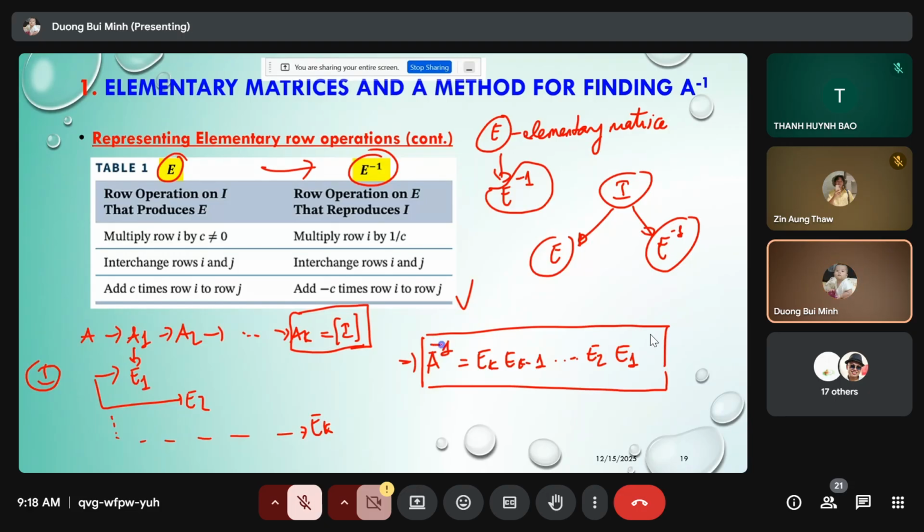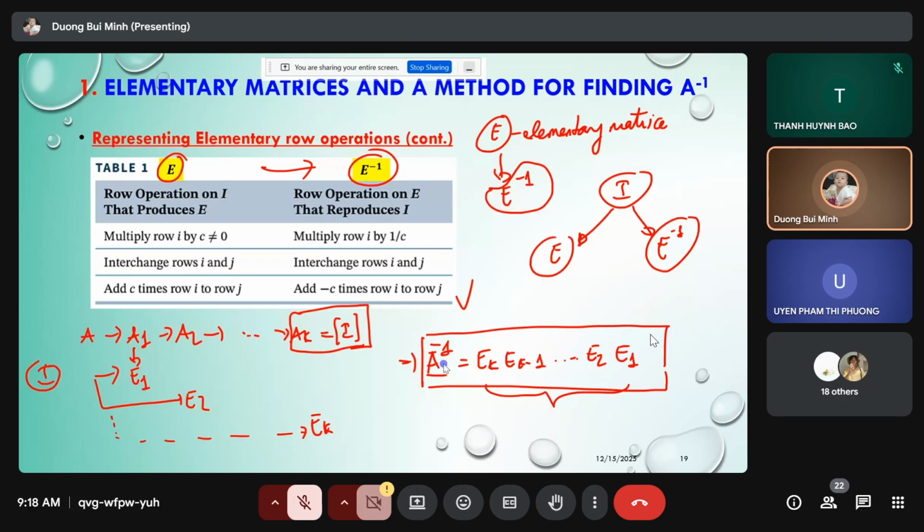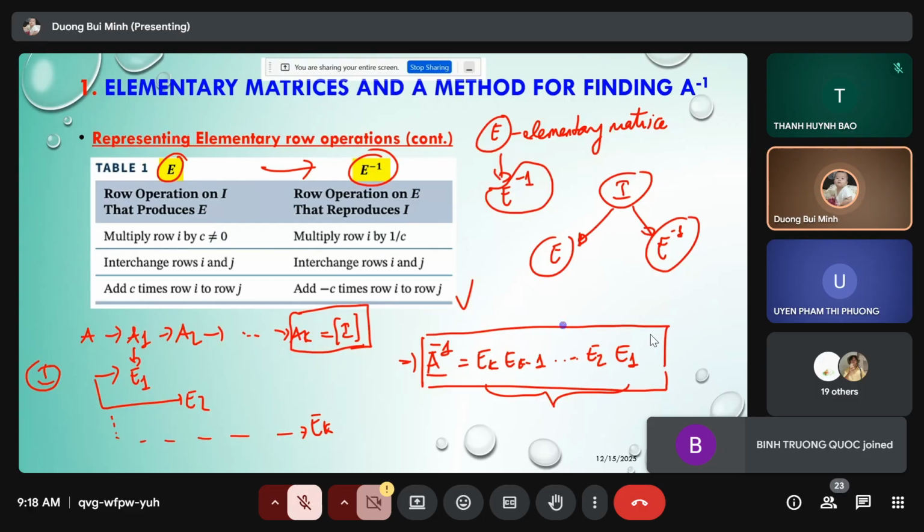That is the reason why we figure out elementary matrices, because when we take the product of all the elementary matrices, you get the inverse of A. Last week I also discussed the advantages of this method, because we reduce the size of the matrix.